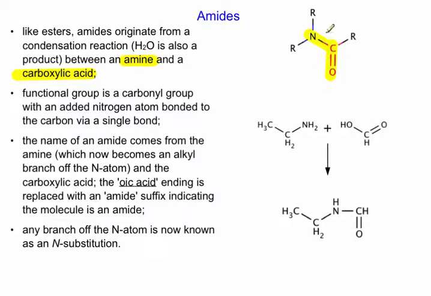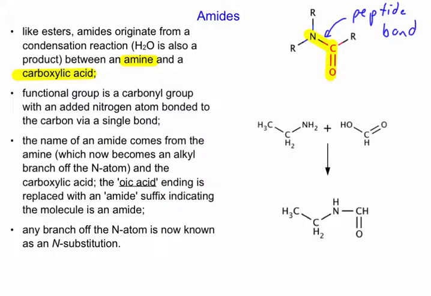So we form this single bond between carbon and nitrogen, and that's known as a peptide bond. And we form that bond when we allow a condensation reaction to proceed. And so the functional group, the carbonyl group with the added nitrogen, single bond and nitrogen, and the name for amide is much like that for carboxylic acid.